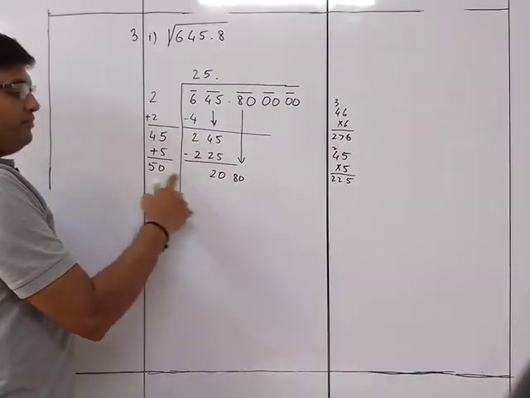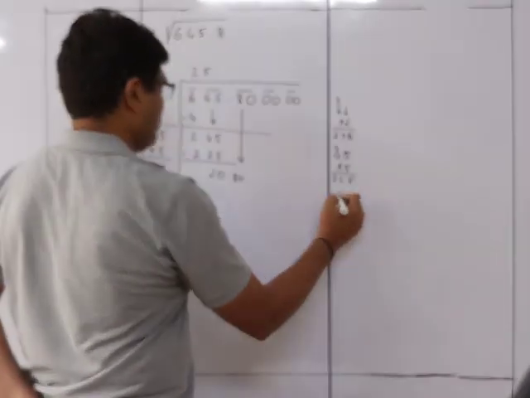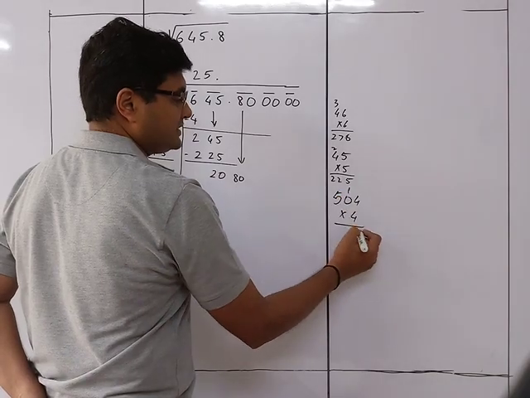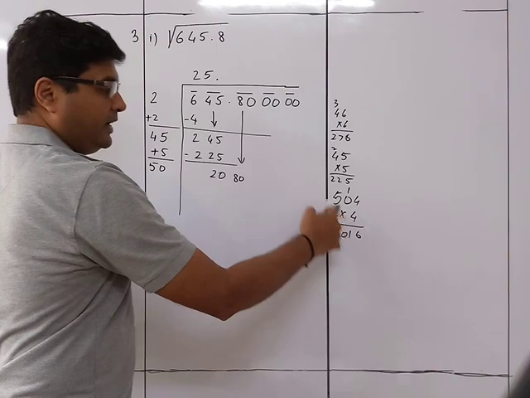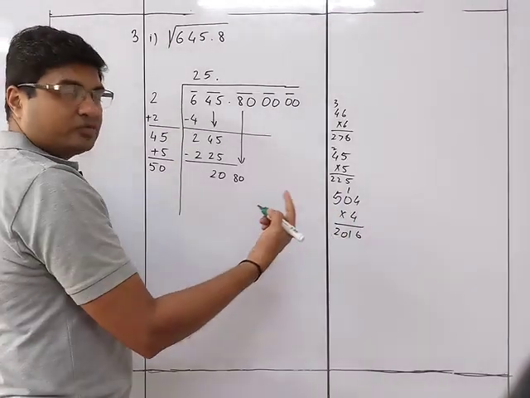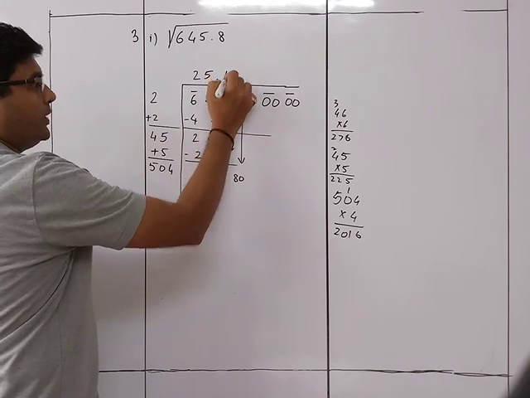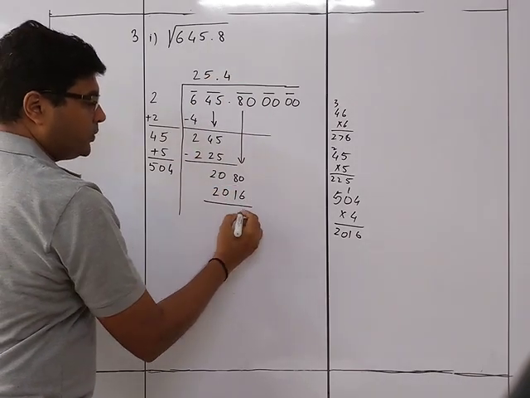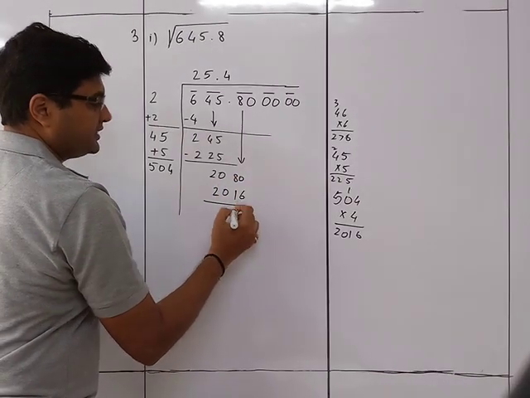So now 5 and 20, so we can try with 4. So it will be 504 into 4. 4 4s are 16, 4 and 1 is 20, 2016. If I take 5, it will be more than 25, so it will not be possible. So 4 over here, to put 4 over here, you get 2016. You get it over here as 4 and 7, so 64.